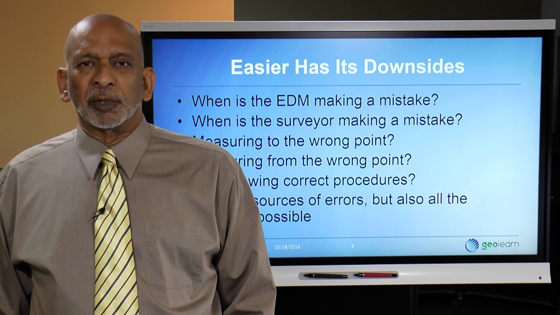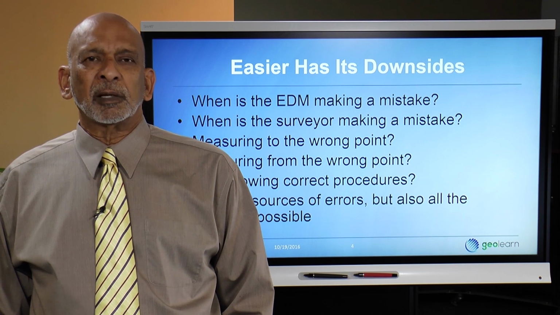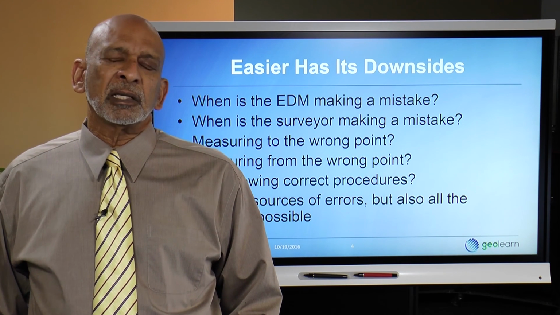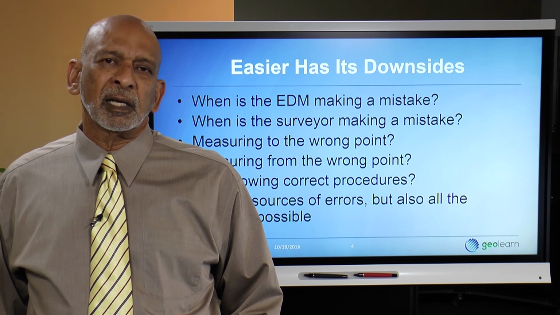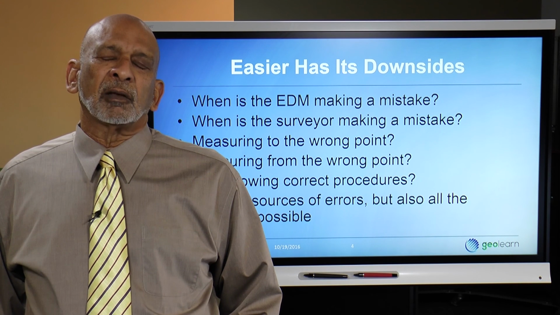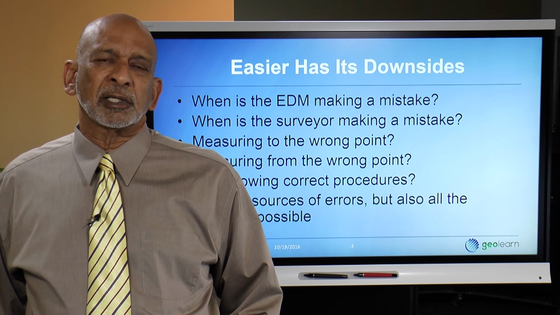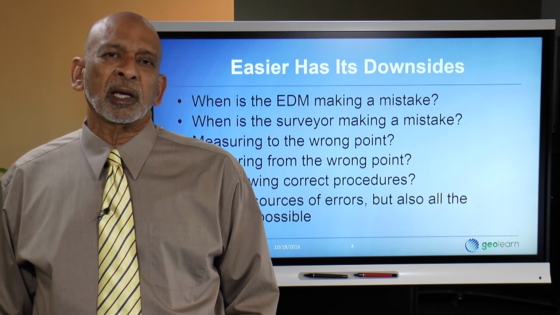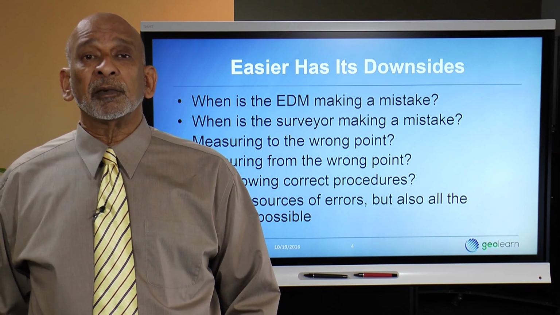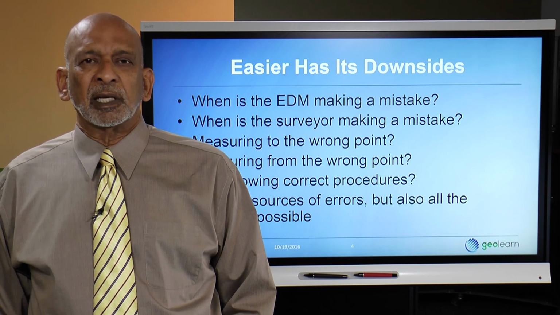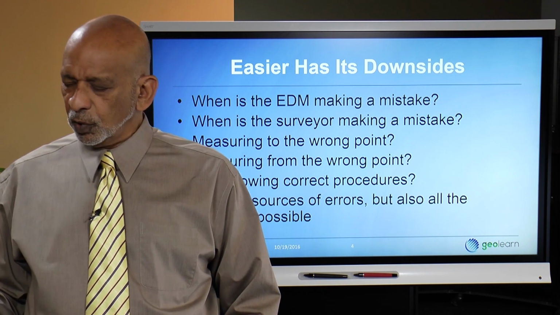The problem with that is that people don't think about all the things that can possibly go wrong, and it's amazing how many times we have EDM measurements that are quite inferior to what that same person or that same team would have made had they used a steel tape, even if they didn't know the correct steel taping techniques, because sometimes the mistakes they commit with EDMs are so huge.